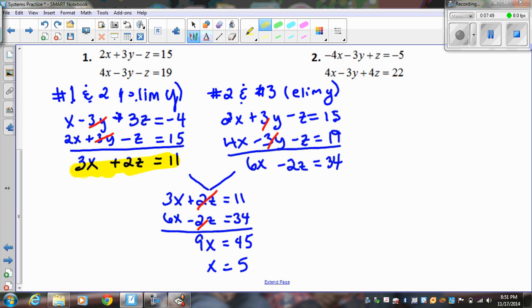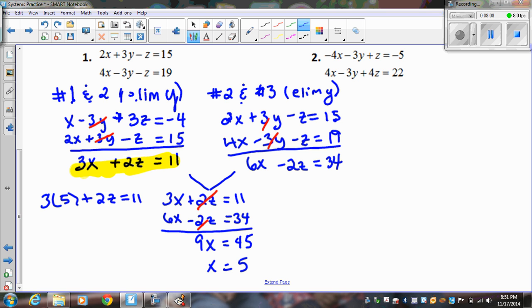So I'm going to take my x equals 5 and substitute back in. So I'll take 3 times 5 plus 2z equals 11.